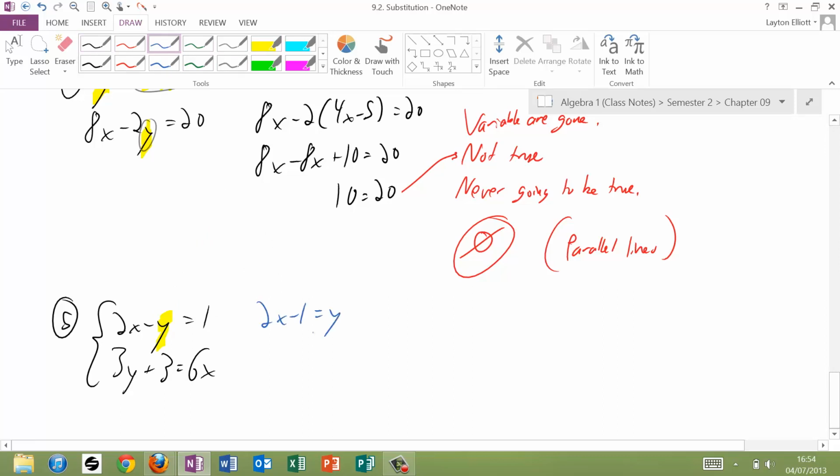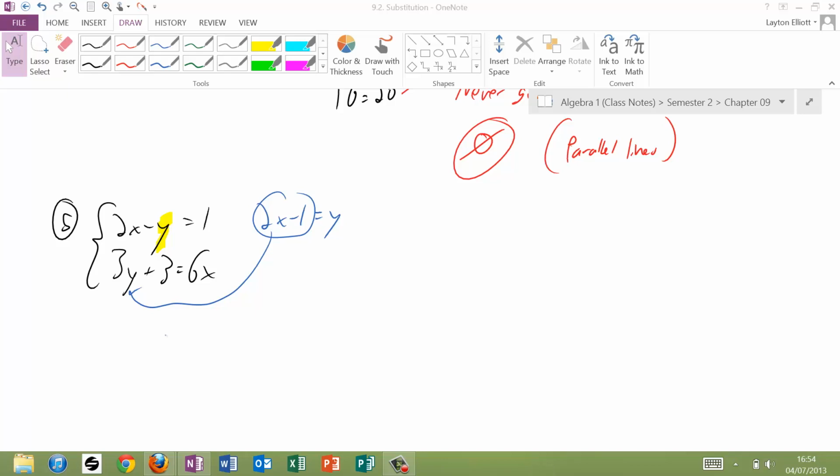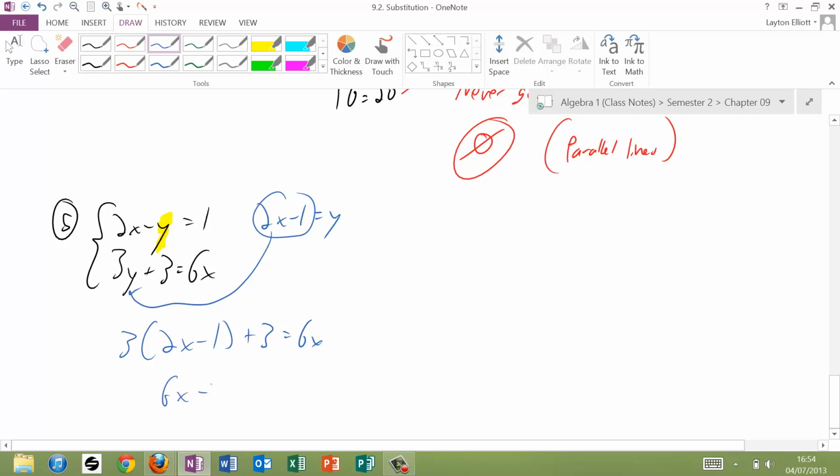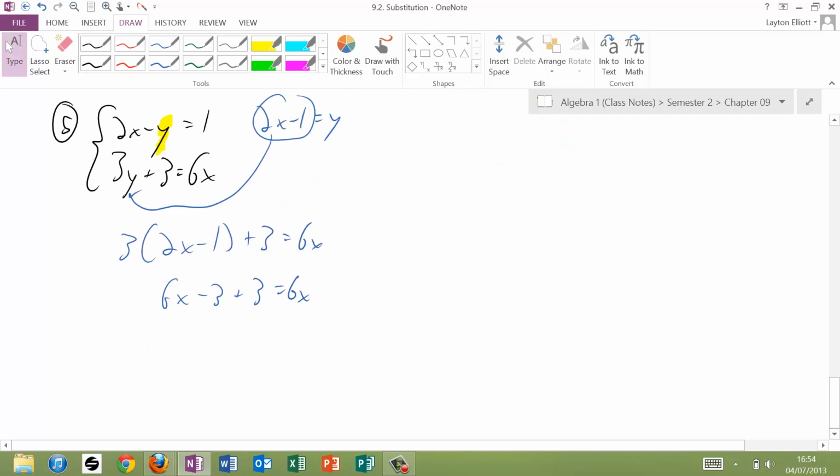Check that for yourself. Then we're going to take the 2x minus 1 and substitute it in for y. So I get 3 times 2x minus 1 plus 3 is equal to 6x. 6x minus 3 plus 3 is equal to 6x.